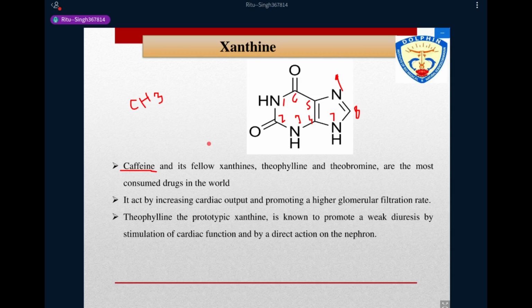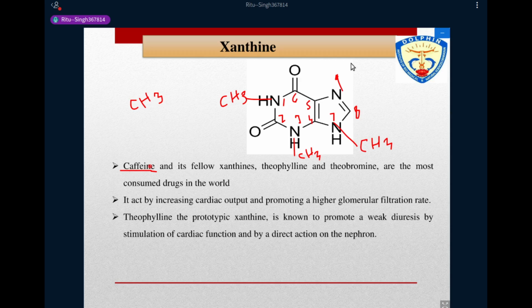For the caffeine structure, we add a CH3 group at this place, and at the 3rd position we also add a CH3 group, and at the 7th position we also add a CH3 group. So this is the caffeine structure. Is it clear to everyone?